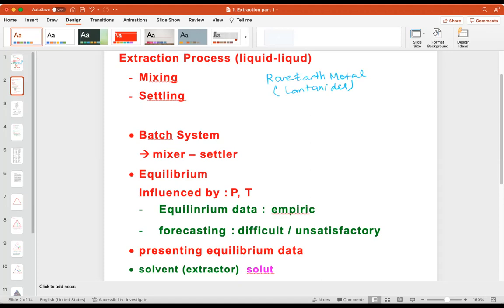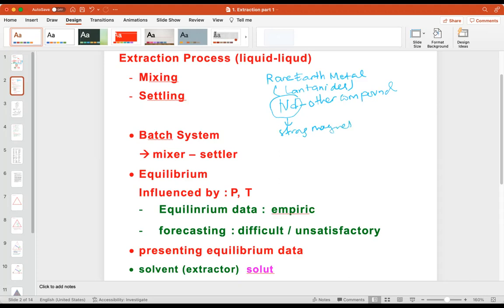I did some research on rare earth metals to separate, for example, neodymium from other compounds of the rare earth metals. I couldn't remember the other compounds. This is for strong magnets.